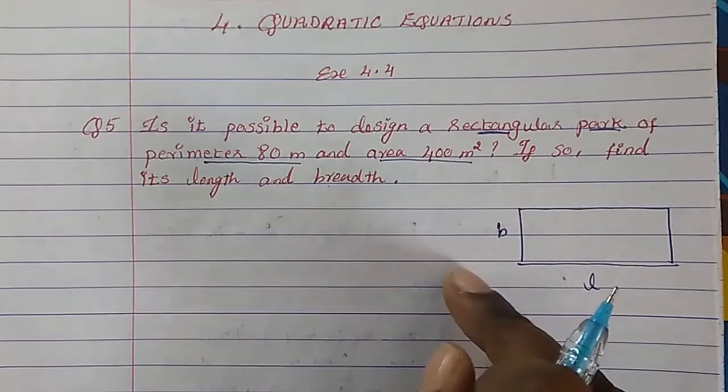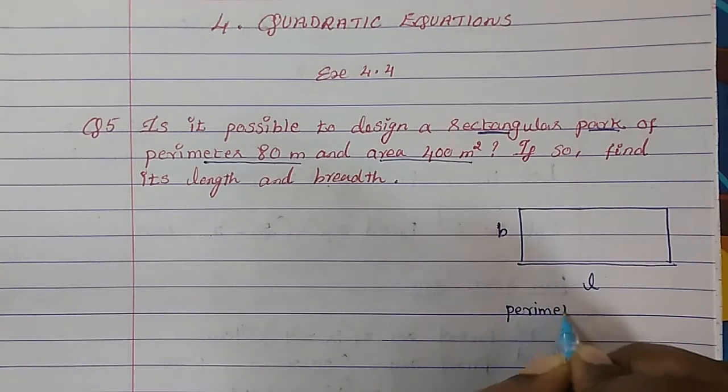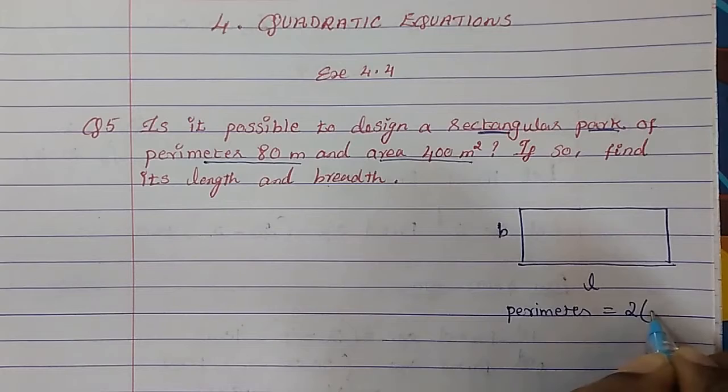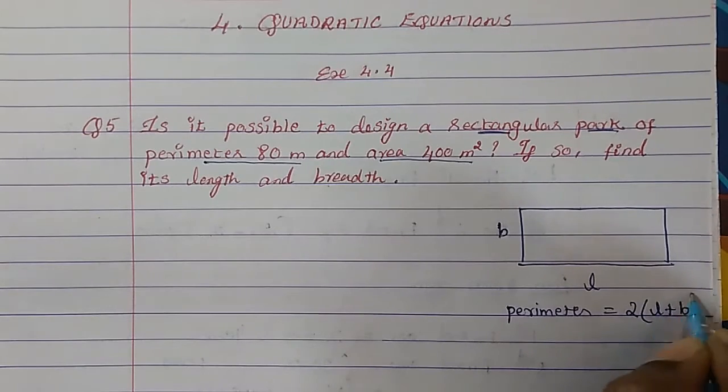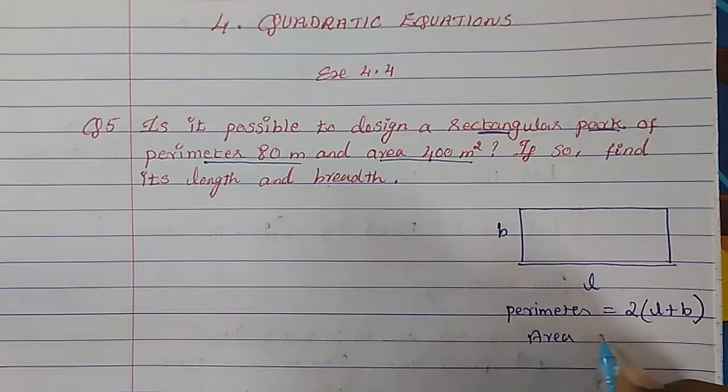Now perimeter is given to us. What is the formula for perimeter? Perimeter is 2 times length plus breadth. Area is length into breadth.